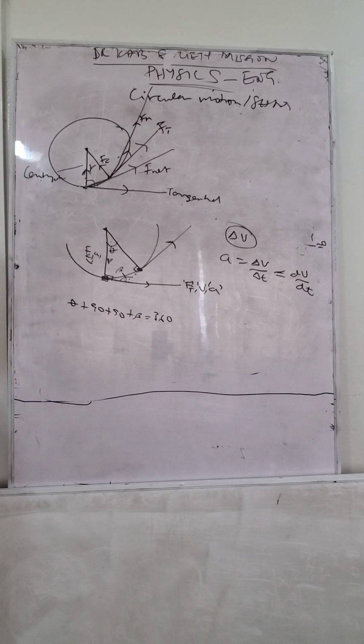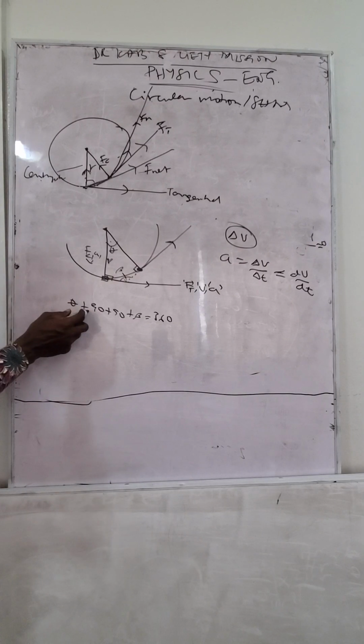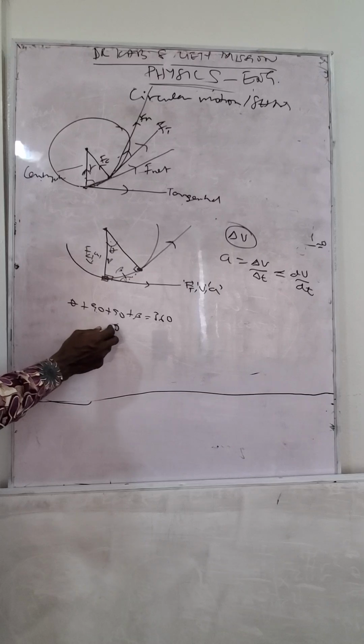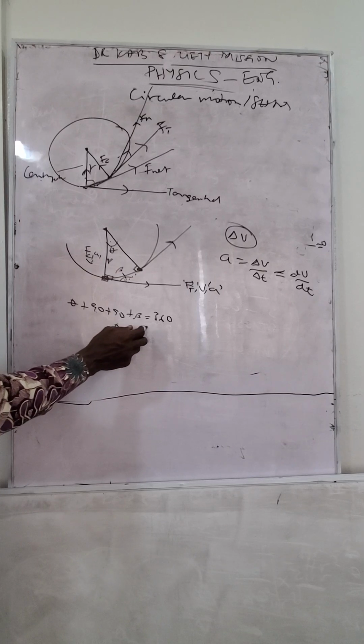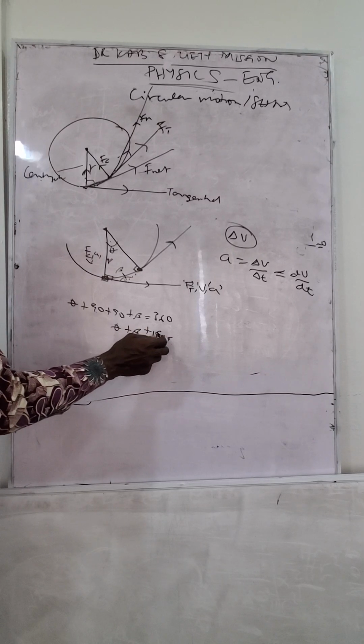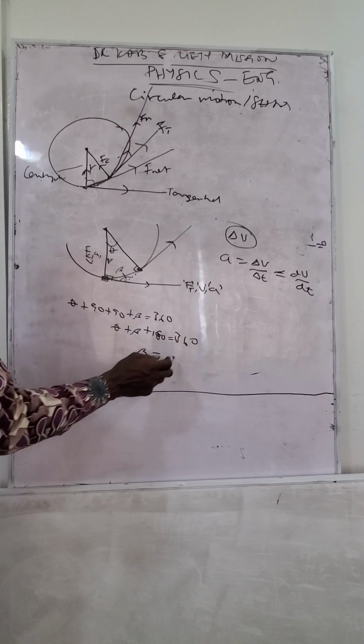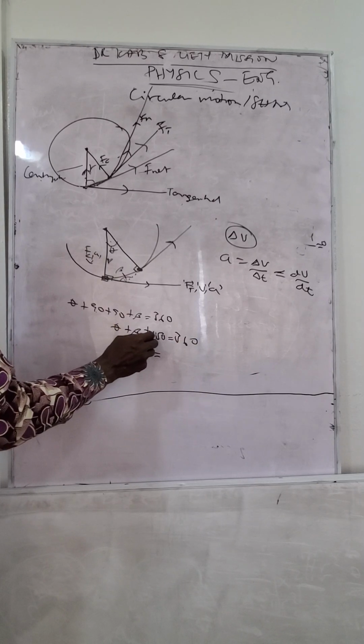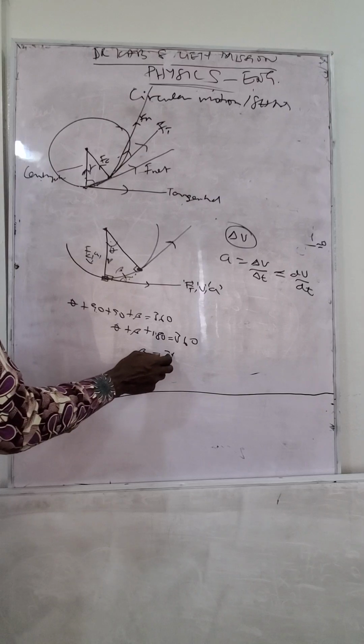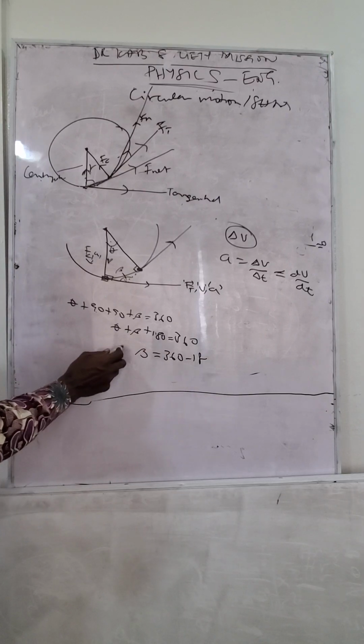Okay? So the simple way to even remember how to get the answer: if you see that this is going to 180, then theta plus beta plus 180 is equal to 360. So that beta is equal to 360 minus 180.